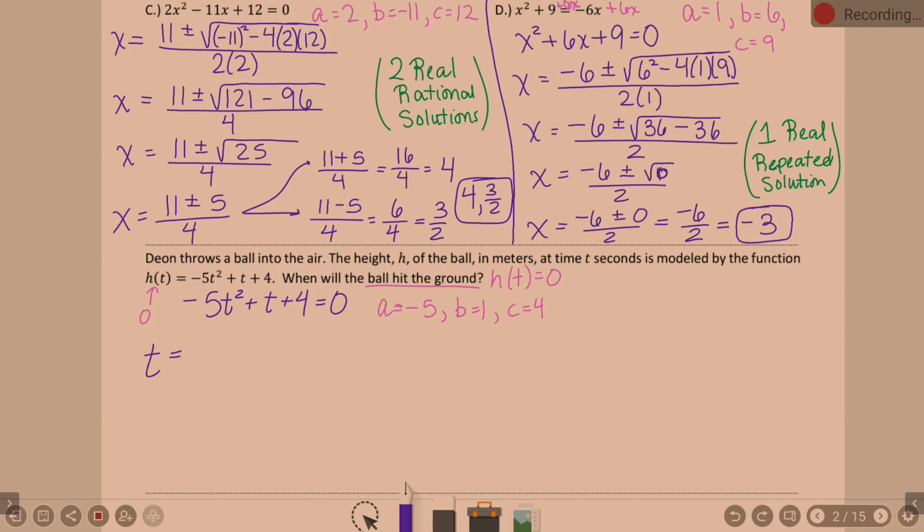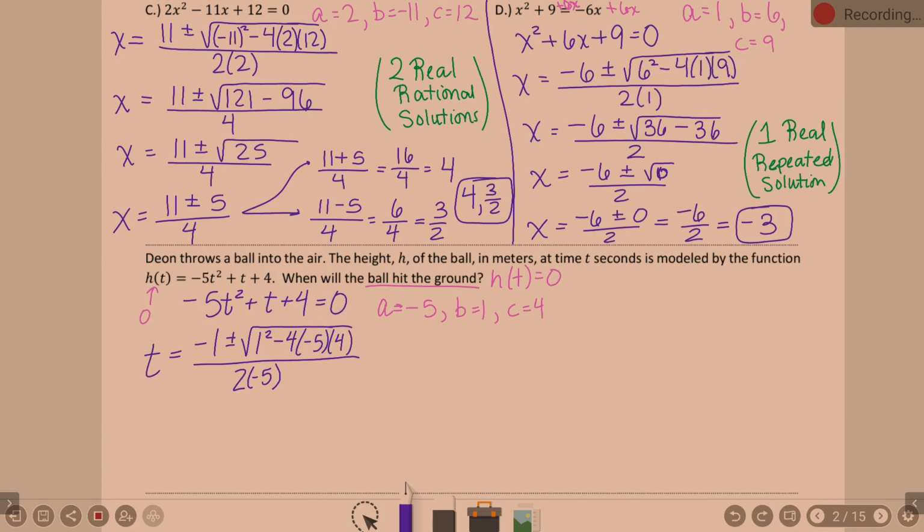Okay, -b plus or minus the square root of b squared minus 4 times a times c, all over 2a. So if you filled it in, -1 plus or minus the square root of 1 squared minus 4 times -5 times 4, all over 2 times -5.